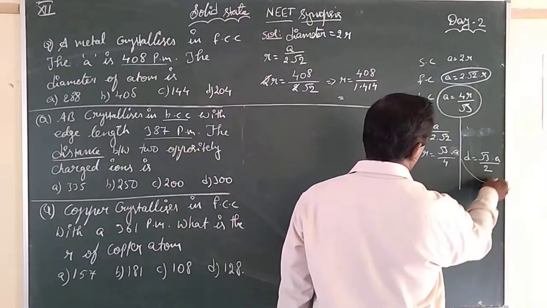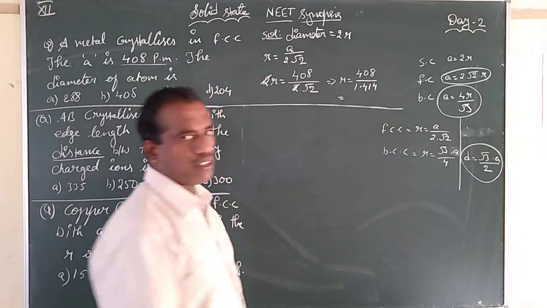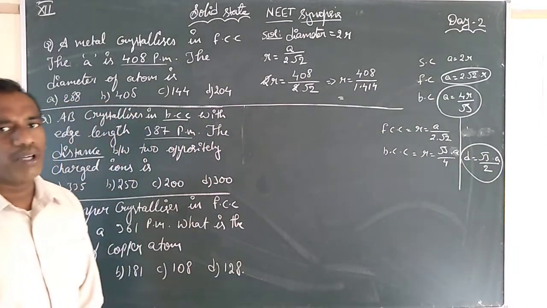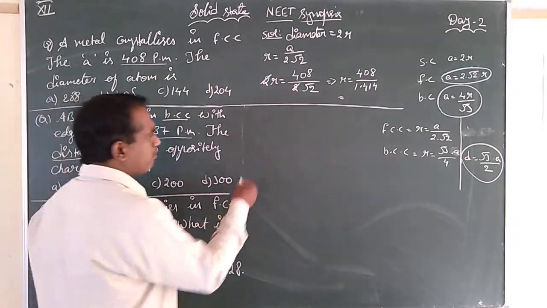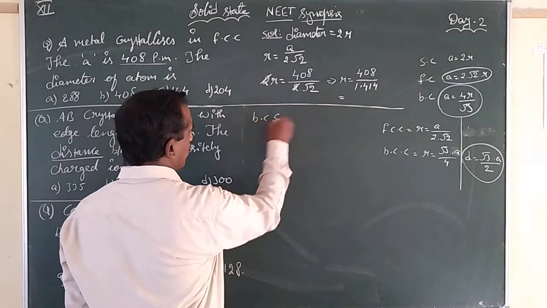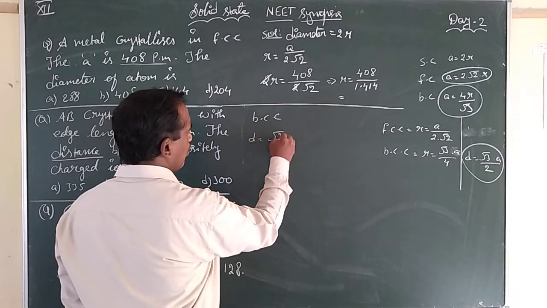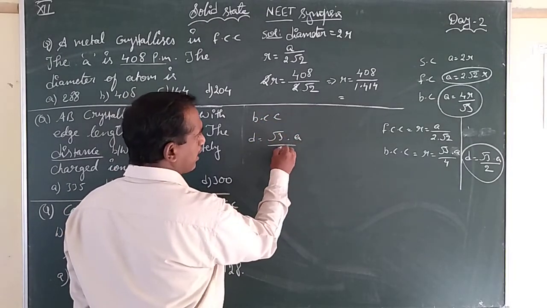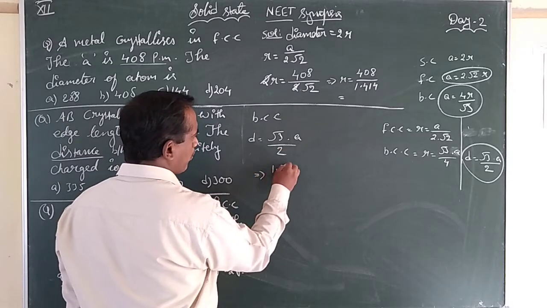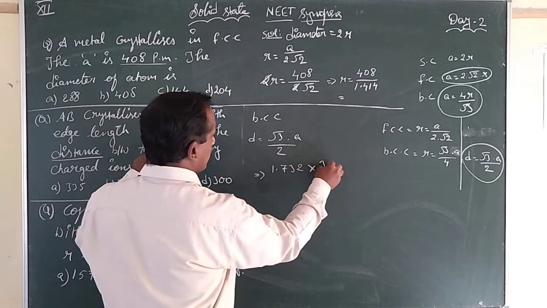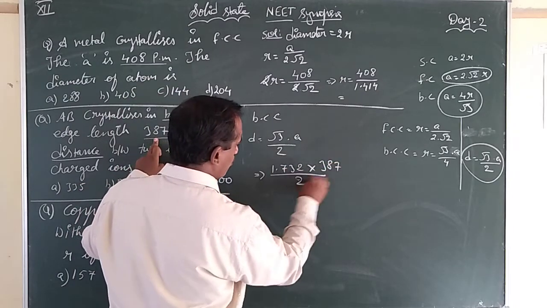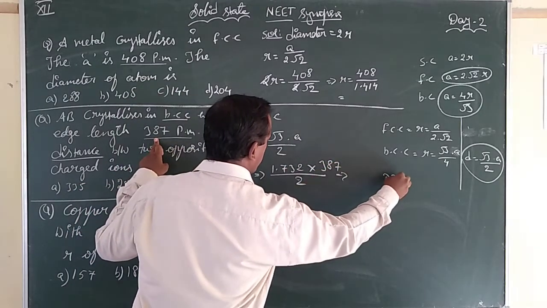The distance in case of BCC, the formula is root 3 by 2 into A. So directly you can work in case of BCC. Distance is equal to root 3 into A by 2, which is 1.732 into 387 upon 2.